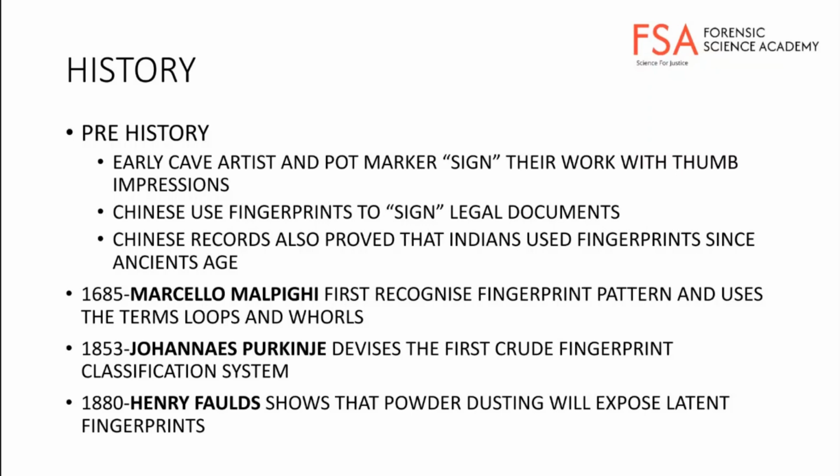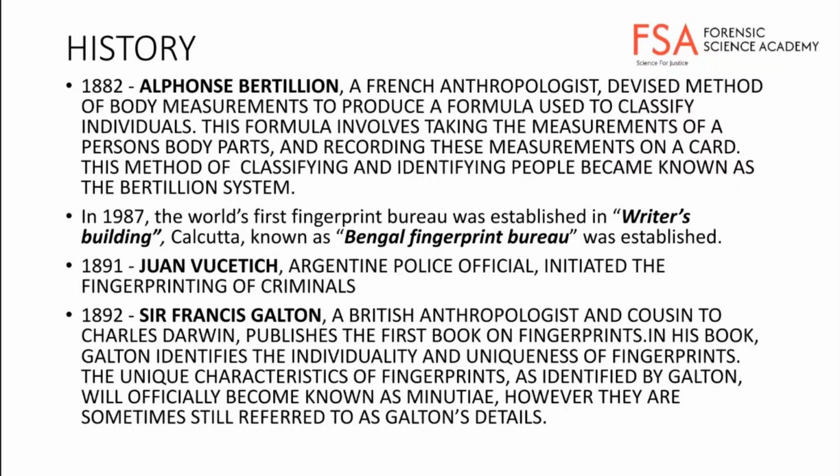Coming to the chronology, in the year 1685, Marcello Malpighi first recognized fingerprint patterns and used the terms loops and whorls. In the year 1853, John Purkinje devised the first crude fingerprint classification system. Coming to 1880, Henry Faulds showed that powder dusting will expose latent fingerprints.